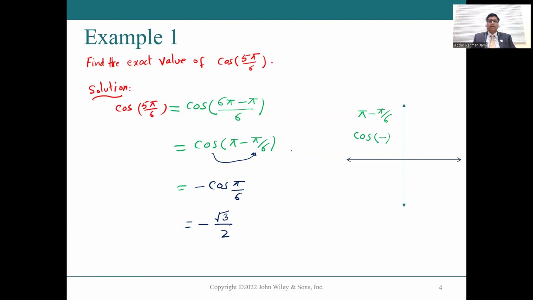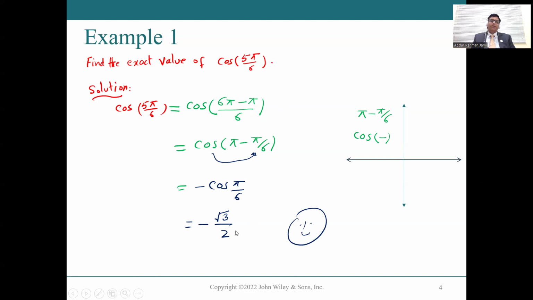Look for the quadrant, and pi minus pi over 6 is in quadrant number 2. Write the cosine function with the reference angle, which is pi over 6. Attach the sign of the quadrant for the function, and then there is an answer. I hope you got it.